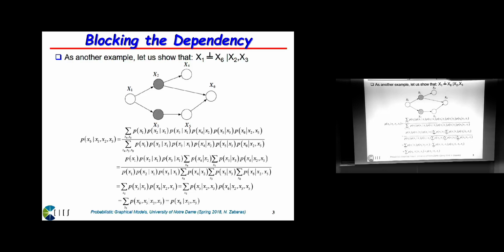So here I have x5 given x3, and then I put that this is equal to x5 given x3 and x2. What property from the ones we stated? Parent, no, I don't see a parent. X2 is not a parent.